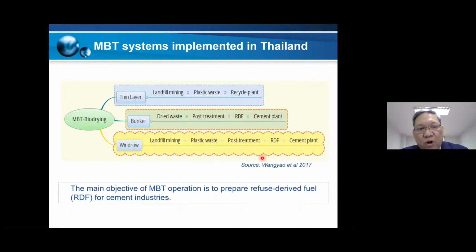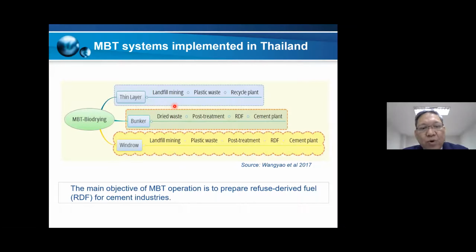I'm going to also introduce a quite similar system, but where the depth of the biostabilization is quite shallow. In that case, we call it thin layer MBT, with quite the same concept: we try to stabilize the waste and recover all the plastic waste to be used as RDF.